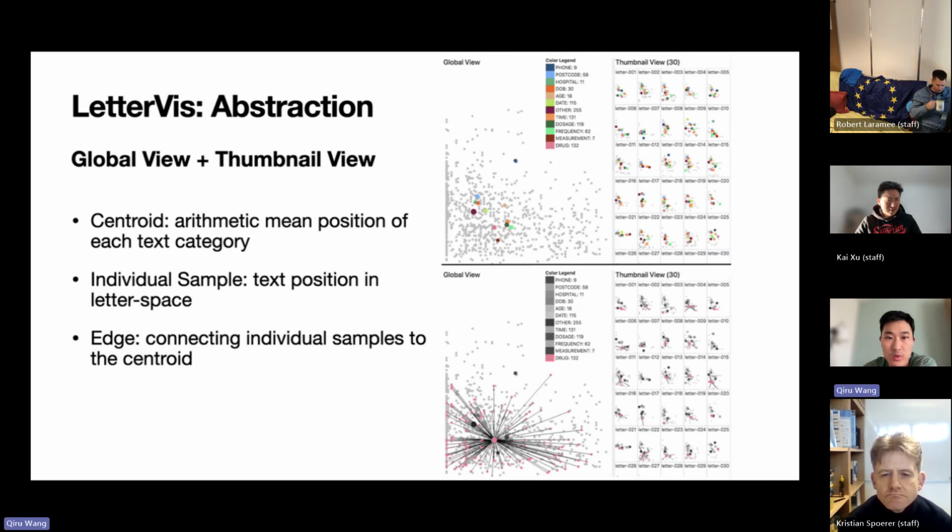So it's easier for them to read because they can remember, in this global view where centroids represent different categories of data text extracted from all those letters, they probably have a rough sense of where they're writing something.